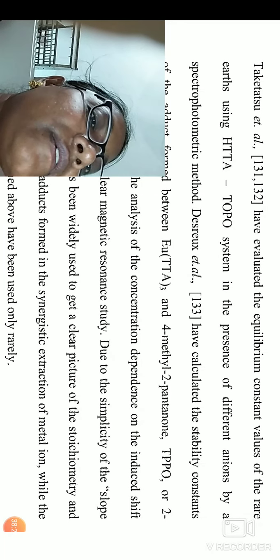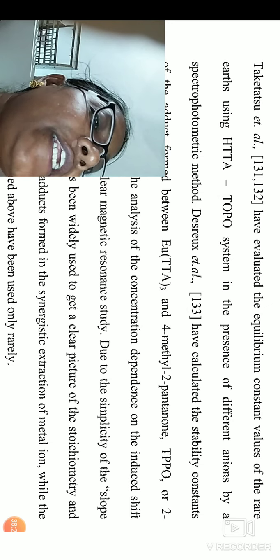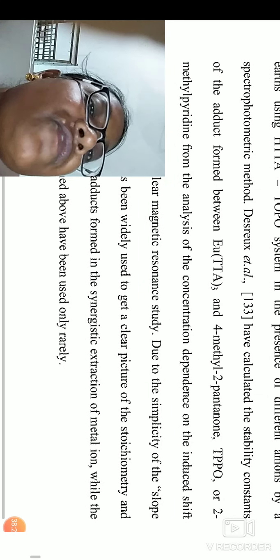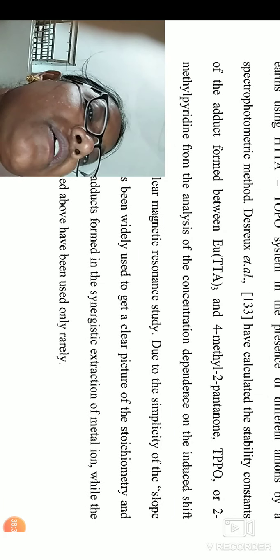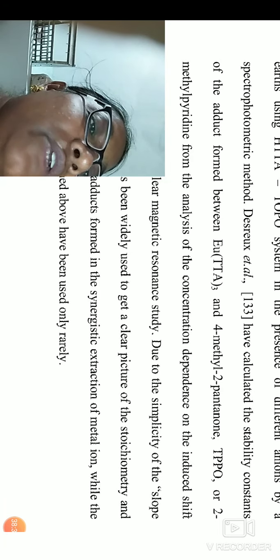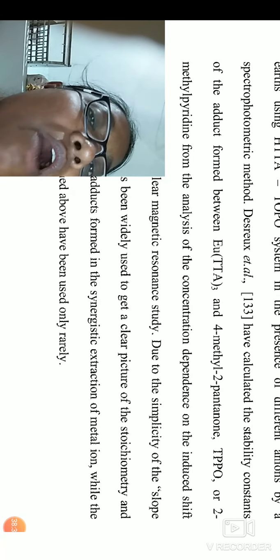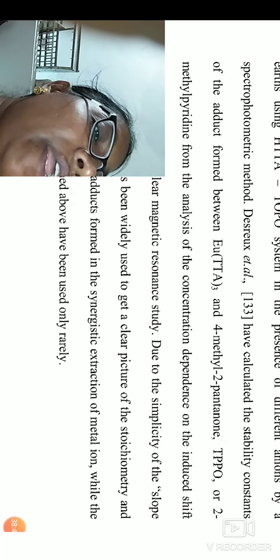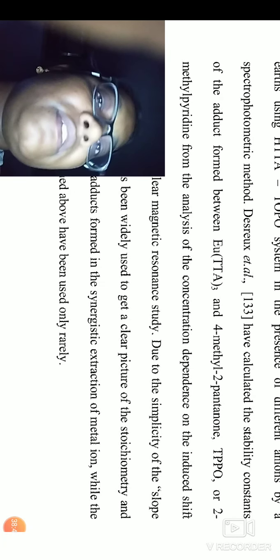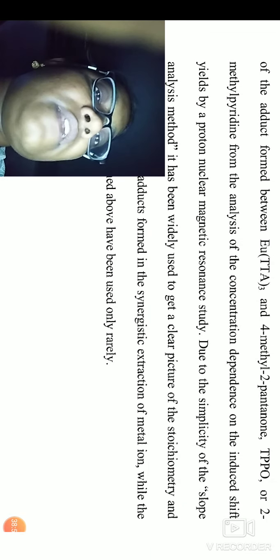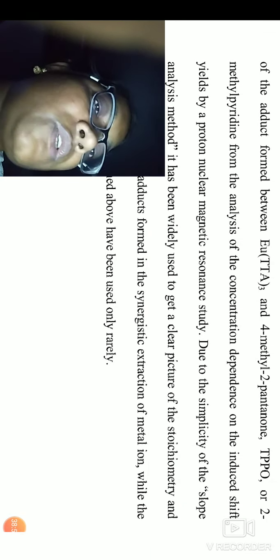Desaric have calculated the stability constants of the adduct formed between uranium TTA 3 and 4-methyl-2-pentanone, TPPO, or 2-methylpyridine from the analysis of the concentration dependence of the induced shift yields by a proton nuclear magnetic resonance study.